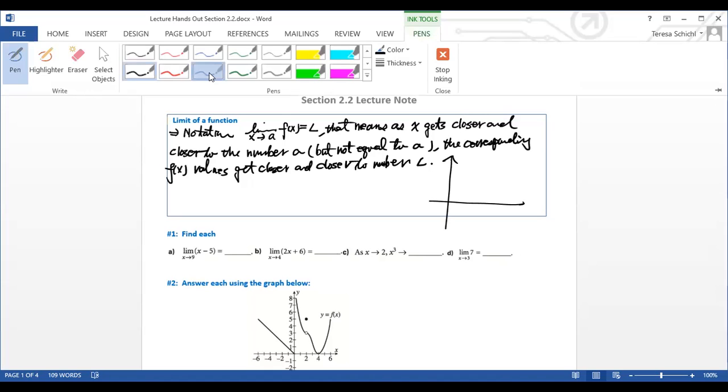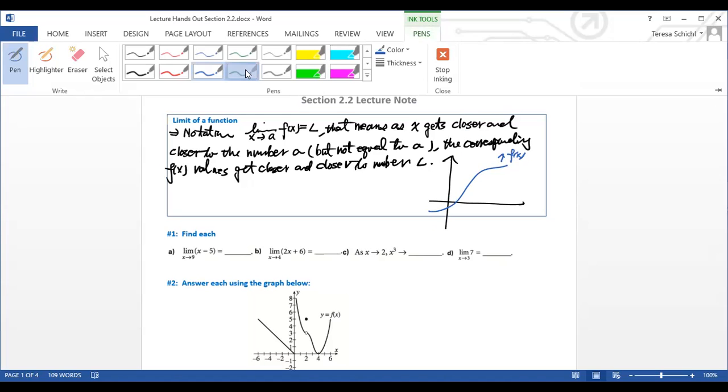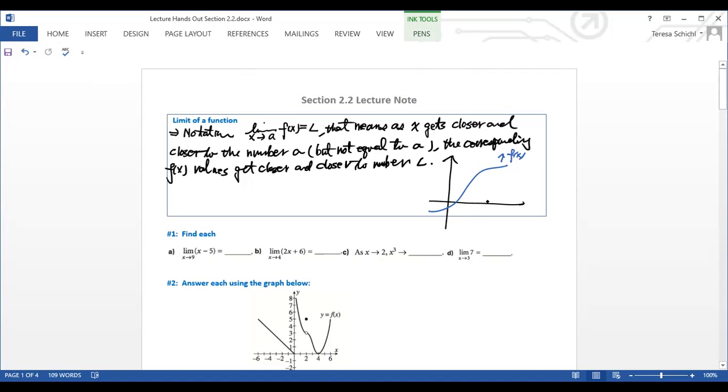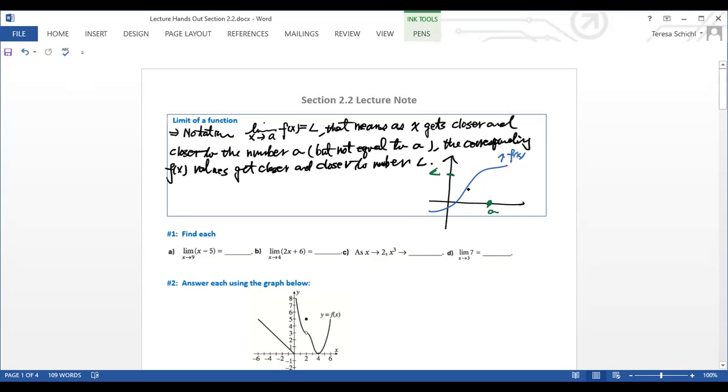So I have the function here. This is my f of x. This is my a value, and for example, this is my L value. When we talk about the limit, what does that mean?